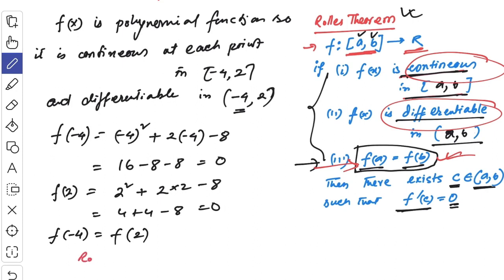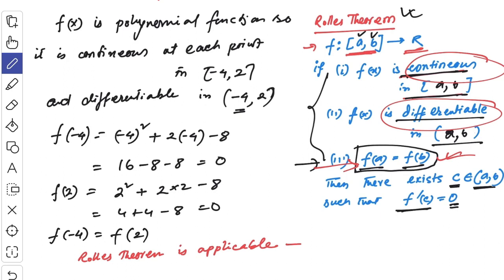So we have shown that Rolle's theorem is applicable here, but it is not verified yet.